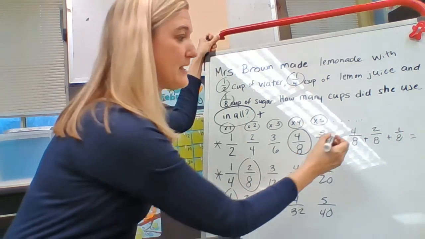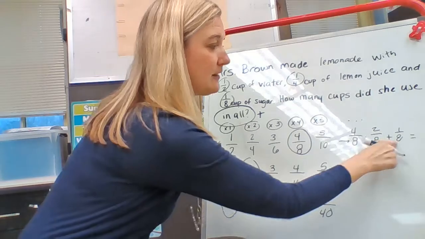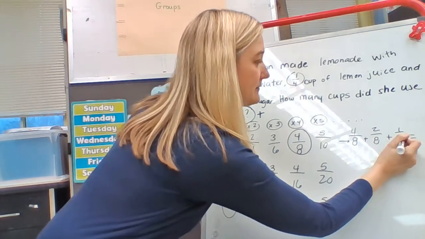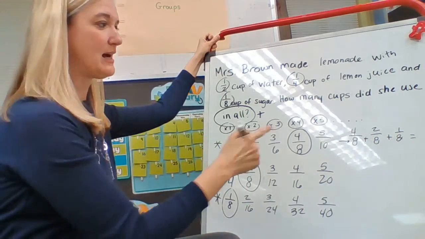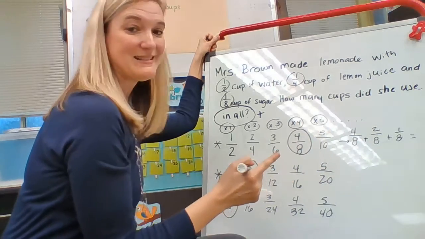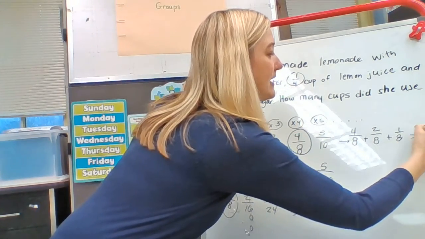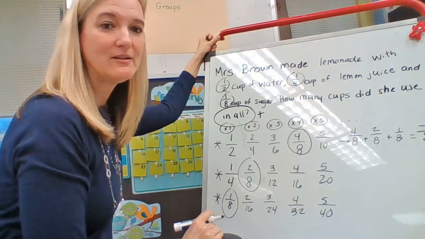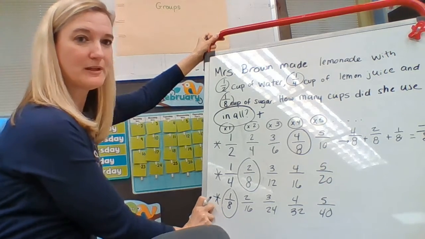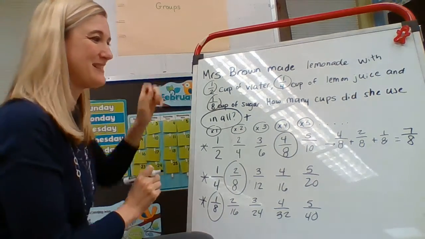Once I have common denominators that are all the same, look at that 8, I can add across the top. 4 plus 2 is 6, plus 1 more is 7. 7/8. There you go, 7/8.